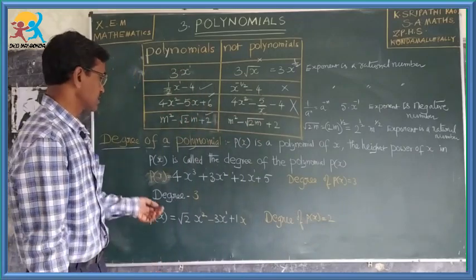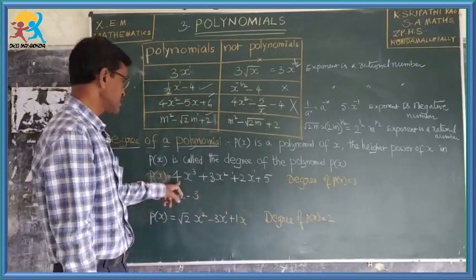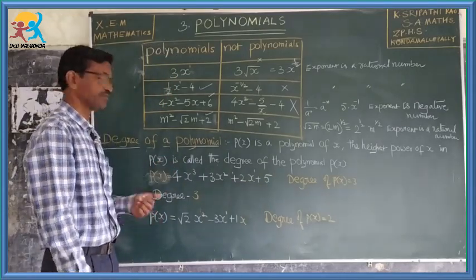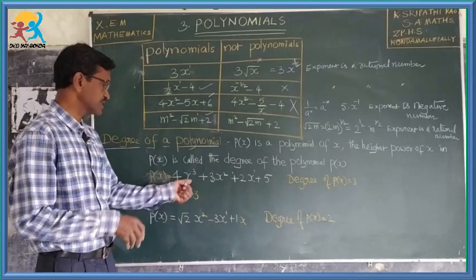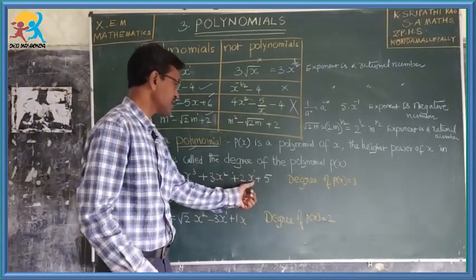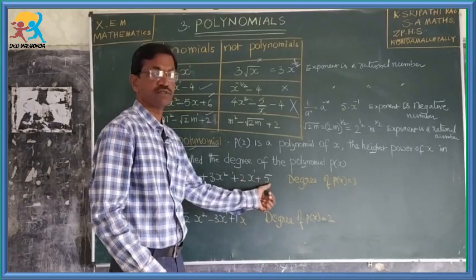Now let us find the coefficients. In this polynomial, what is the coefficient of x cube? Coefficient of x cube is 4. Coefficient of x square is 3. Coefficient of x is 2. Constant is 5.